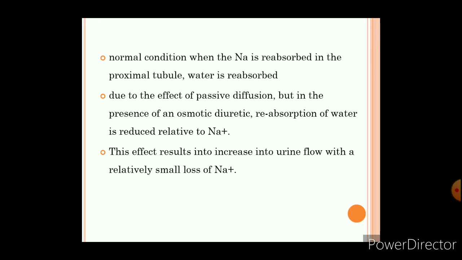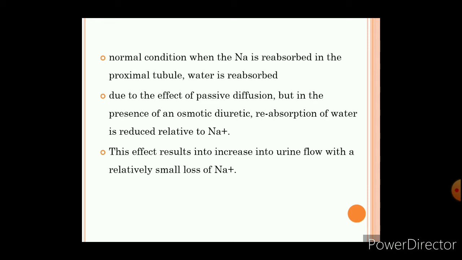In normal conditions, when sodium is reabsorbed in the proximal tubule, water is reabsorbed due to passive diffusion. But in the presence of an osmotic diuretic, the reabsorption of water is reduced relative to the reabsorption of sodium.